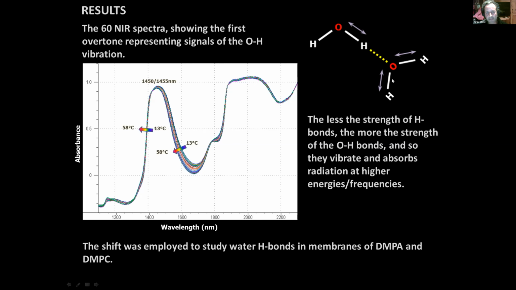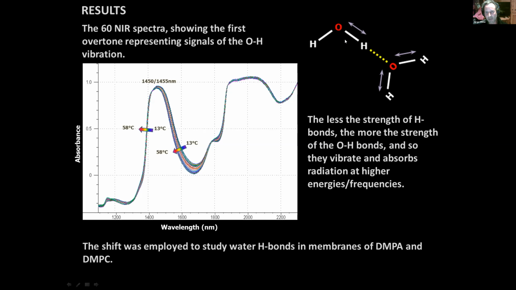This is based on the fact that the weaker the strength of the hydrogen bonds, the stronger the covalent oxygen-hydrogen bond. So what we expect when these hydrogen bonds weaken is to observe a shift of the main band toward the left, to shorter wavelength.